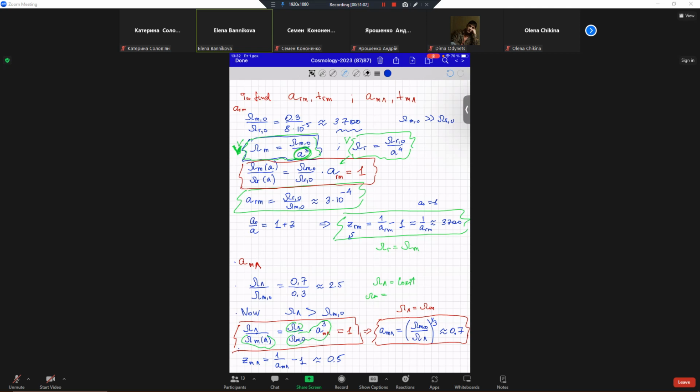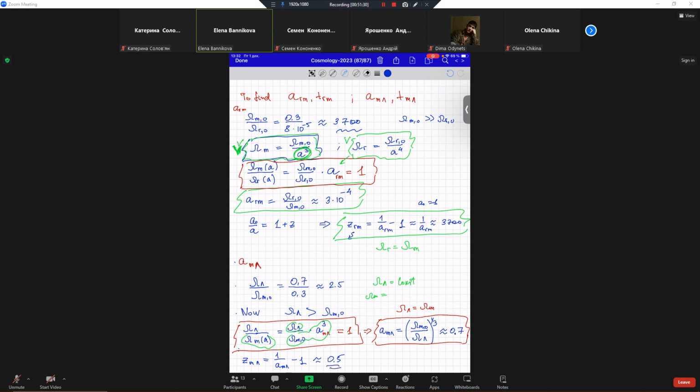When we look at objects, stars and galaxies, we understand that we look into the past, because the light takes time to reach us, due to the fact that the speed of light is constant.